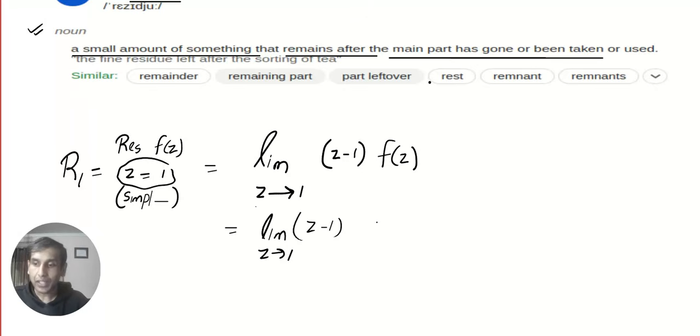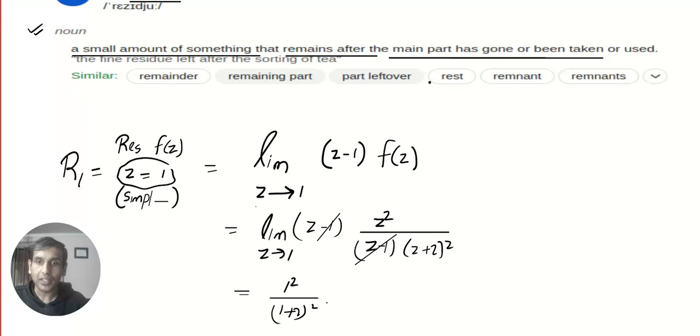Now you'll understand what I meant by cancelling. Can you see? I made sure the troublemaker is gone. Now apply the limit. So we will get 1 squared divided by (1 plus 2) the whole squared, and that is equal to 1 by 9. Now look at this method, not like the expansion method, because we don't have to expand the function. We are able to find the residue just like that.